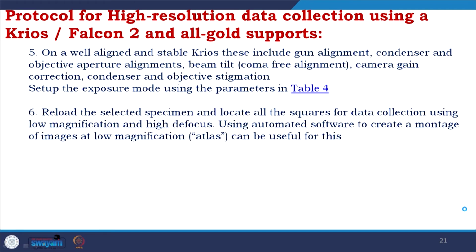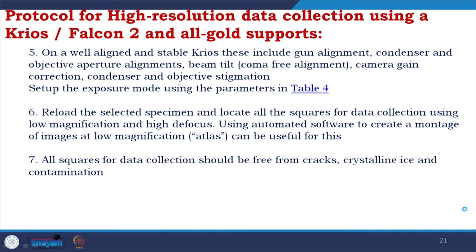Reload the selected specimen and locate all the squares for data collection using low magnification and high defocus. Using automated software to create a montage of images at low magnification can be useful for that purpose. All squares for data collection should be free from cracks, crystalline ice and contamination.